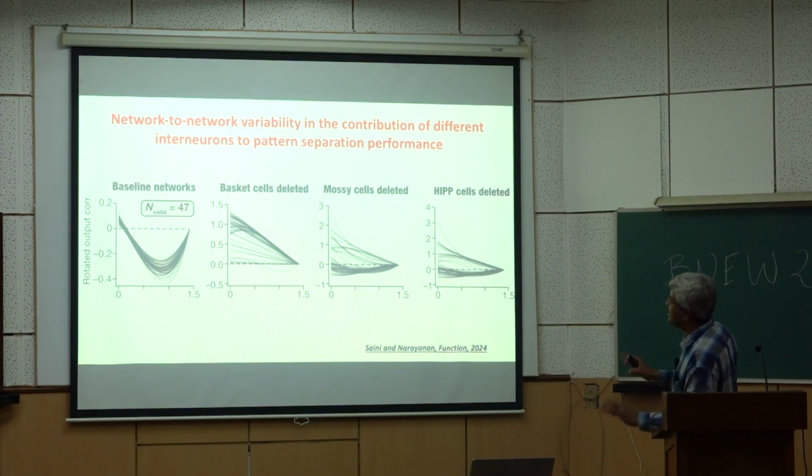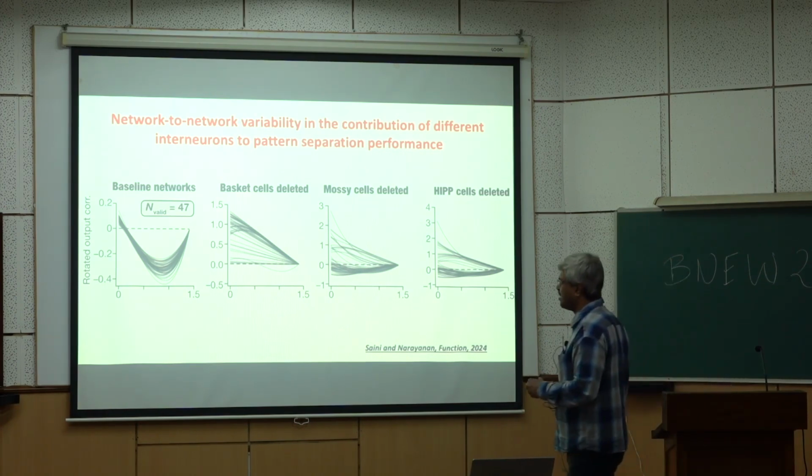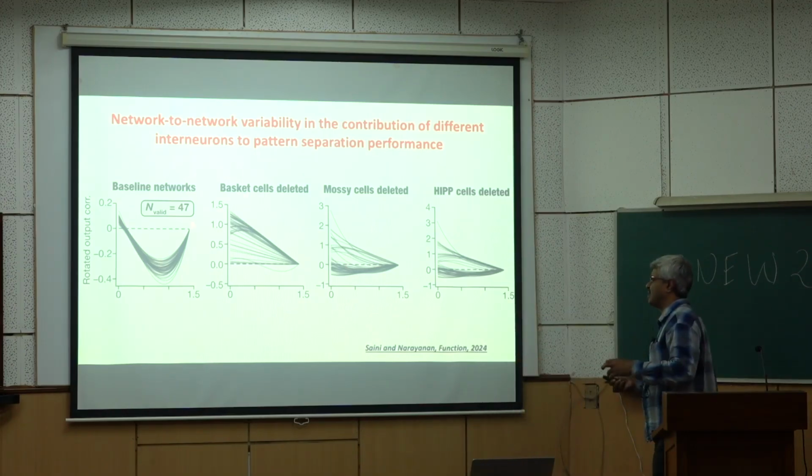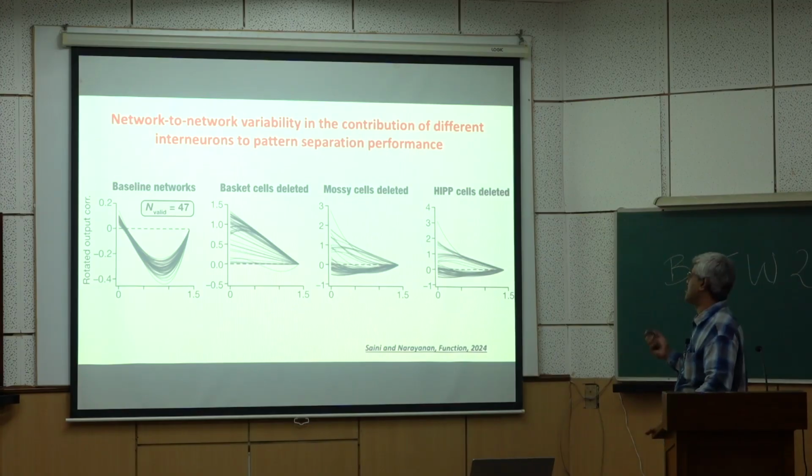So there is wide network to network variability in terms of how exactly the network responds to deletion of one of these cell types. These kinds of experiments have been done by genetically deleting or chemogenetically silencing specific cell types, and the results are all over the place.